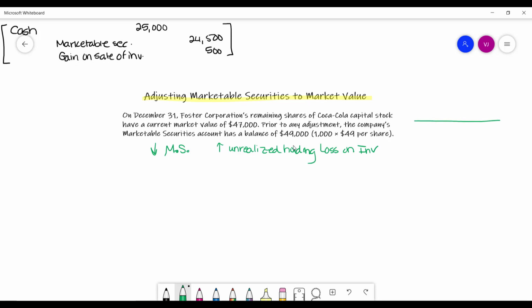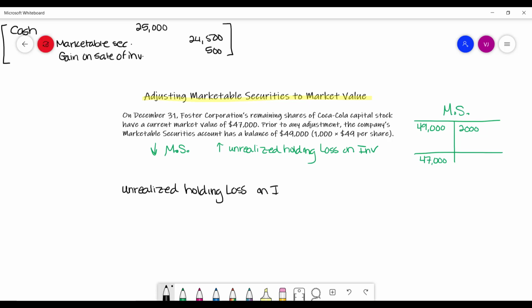So we have marketable securities here currently with a $49,000 debit balance, but we want to get it down to $47,000. So the only way to do that is to credit marketable securities for $2,000. And to offset that, we will debit the unrealized holding loss on investment.